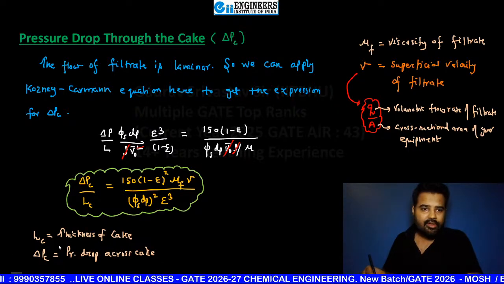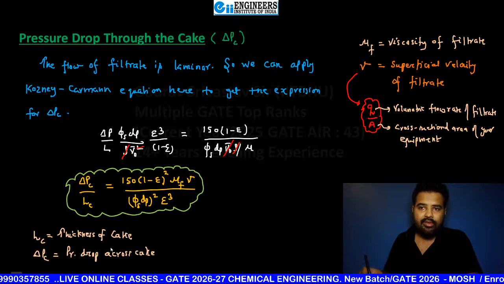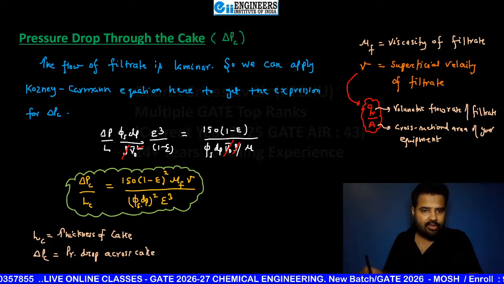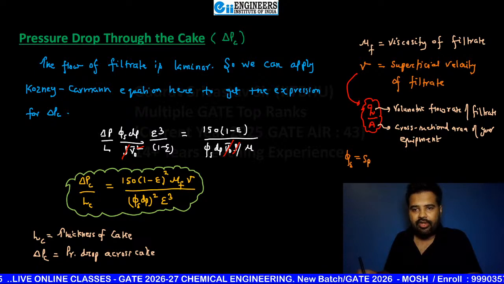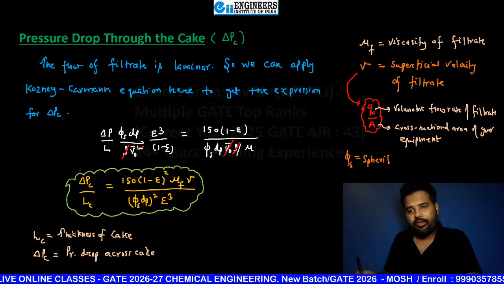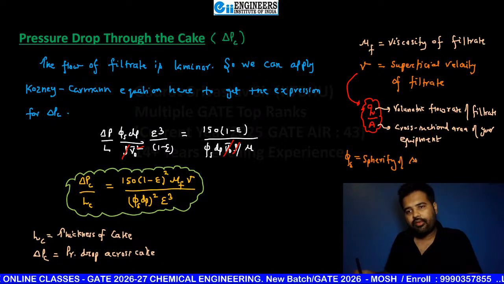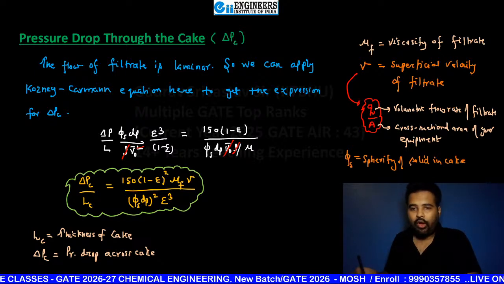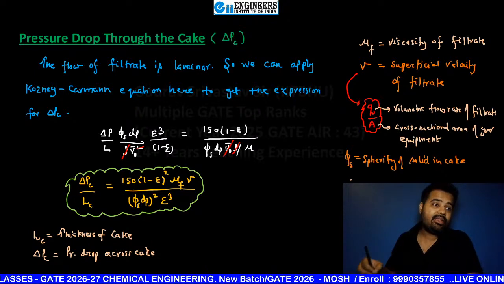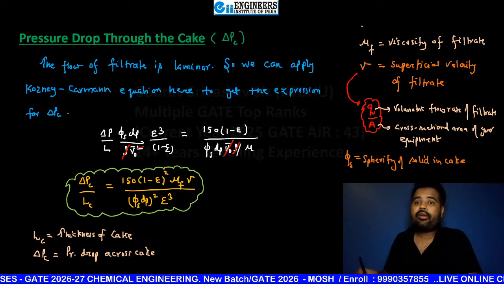Okay. And next one is this phi s. So phi s is what? Sphericity of solid that is available in cake. Now what is dp here? Beta, dp kya hai if you want to write?